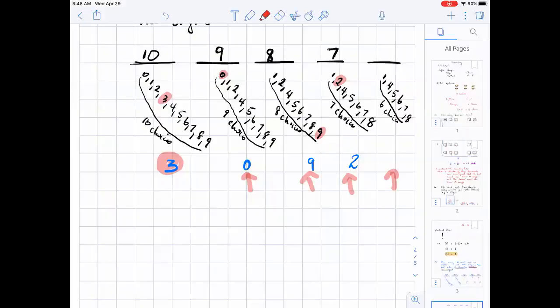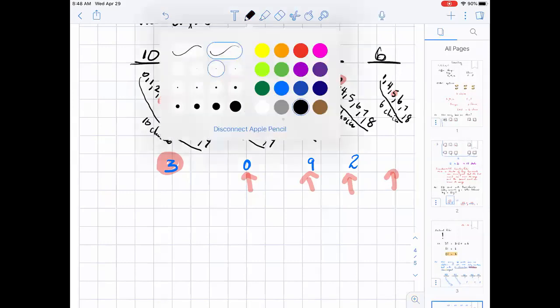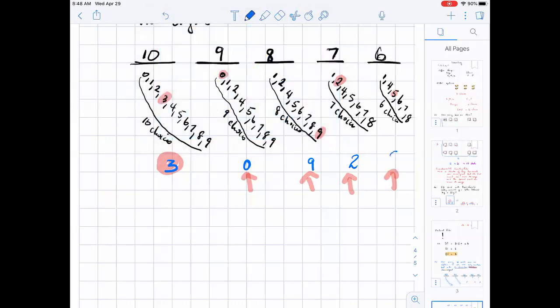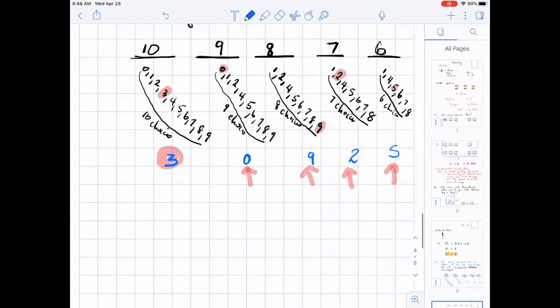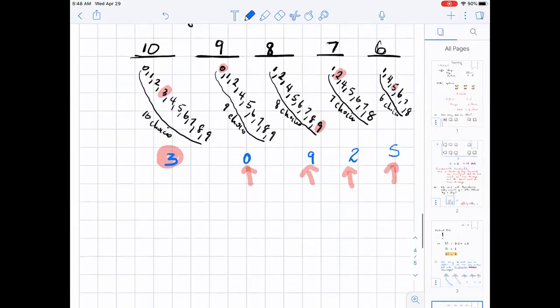So here we've decided to pick the number, let's say 5. So we had 6 choices, and the number we picked was 5. So realistically, we had 10 times 9 times 8 times 7 times 6.